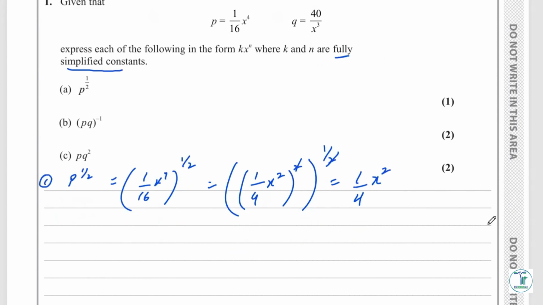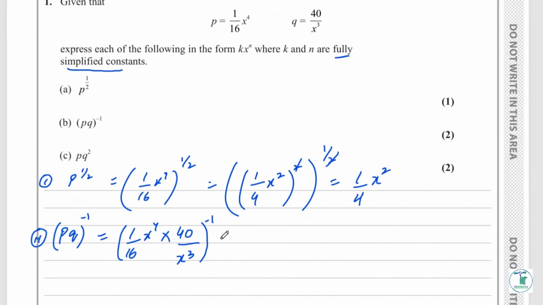Now similarly, in the second part of this question, you need to find pq to the power of negative 1. So first of all, you've got pq to the power of negative 1. I'm just going to plug in the value of p, that is 1 by 16 x to the power of 4, times 40 upon x cube, to the power of negative 1.